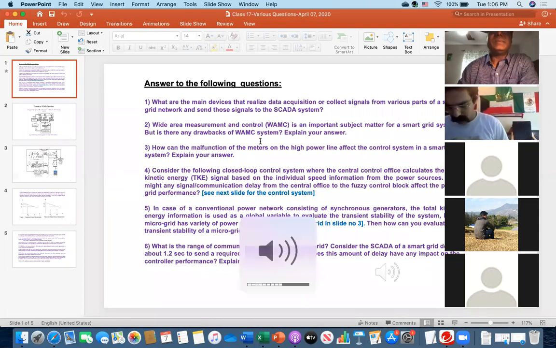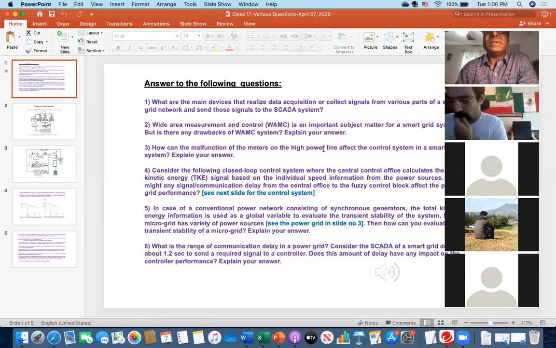Exactly. Yes. Because it is wider, not all systems are located at equal distance from the SCADA. Therefore, while collecting signals, it is highly likely there could be some sort of delay. So the right answer is, there should be some delay, and even a hacker or cyber attacker may take the chance to attack any control system, any measurement.